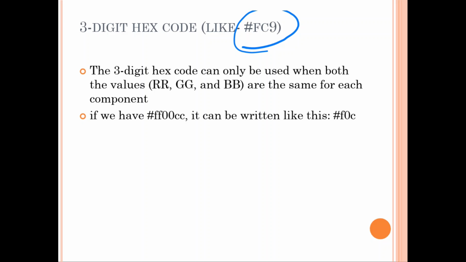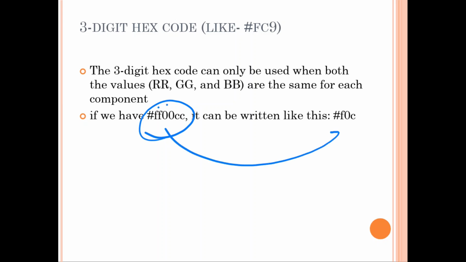It means when our RR is the same, GG is the same and BB is the same, then you can take only one value from each pair. As in this example, we have FF00CC, and here we take only a single value each, as F0C. This will be used.